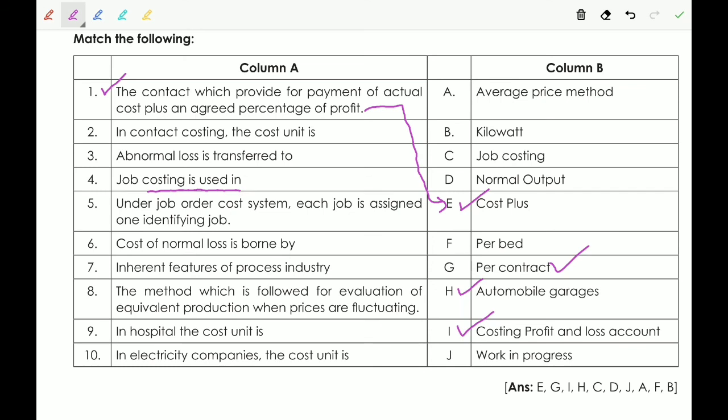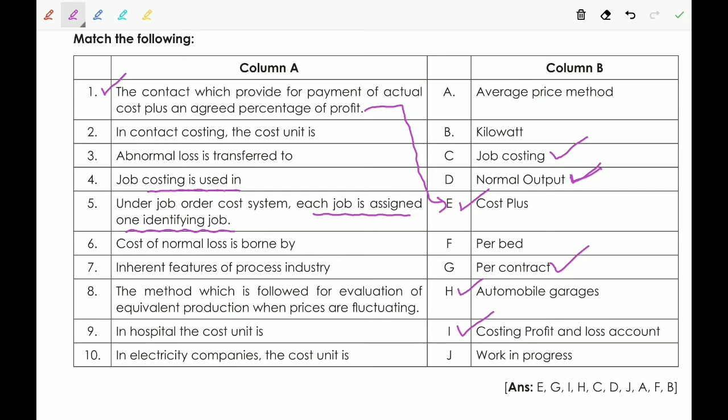Under job order cost system, each job is assigned one identifying job number. Next, cost of normal loss is borne by good units. Sixth one, the answer is normal output, that means good units. Cost of normal loss is borne by normal output.